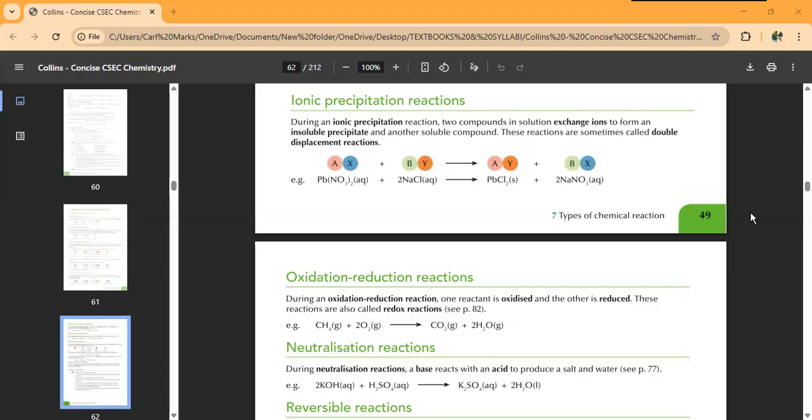Right? So to get the precipitate, we can filter the precipitate out, set up a filtration apparatus, and then we filter and wash the precipitate and allow it to dry on the filter paper to obtain it. It's a very simple reaction. In this example, we have lead nitrate and sodium chloride combining to give you lead chloride, which is the precipitate.